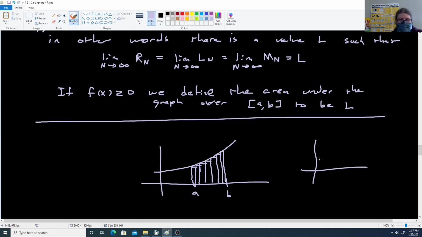Now, if your curve goes above and below, we're going to handle that somewhat differently, which we'll see in a couple sections.